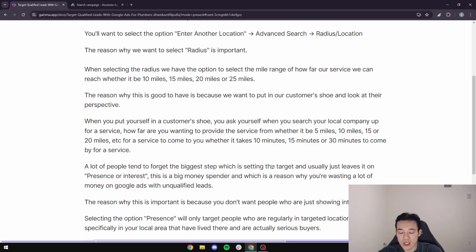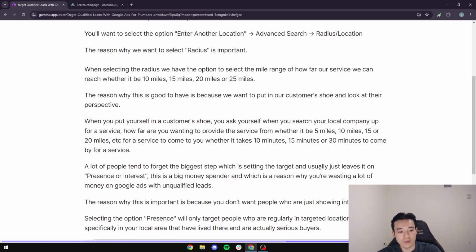When you search for a local company on Google for a service, how far do you want that service provider to be, whether it be within 5 miles, 10 miles, 15, 20 miles, or et cetera, for a service to come to you? And how long will that take, right? Whether it be 10, 15, 30 minutes to come by just for that specific service, whether it be for roofing, right?